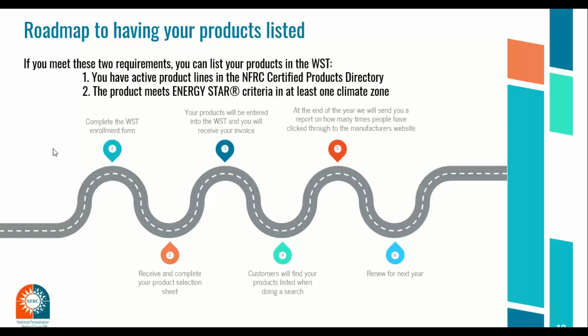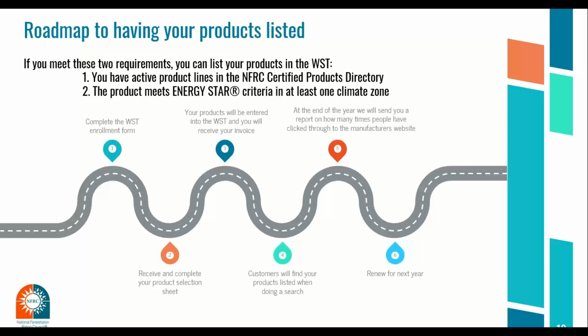So here are the steps in having your products listed. The first is to complete the Windows selection tool enrollment, and we will send all that information out after the presentation. And then once we get that, we will send you a template to complete your product selection on, and you can send that back, and we'll get your products entered, and you'll receive an invoice.